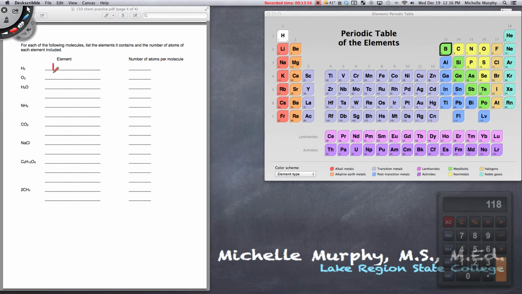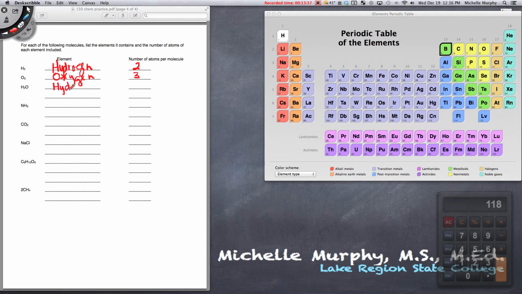All right, H2. The element we're dealing with is hydrogen. When we have a subscript, that tells us that we have 2 hydrogens in that molecule. Same thing for the next one, oxygen, and there are 3 of them in a molecule. Now when we combine elements in a molecule, we take the abbreviations. Let's do that first.